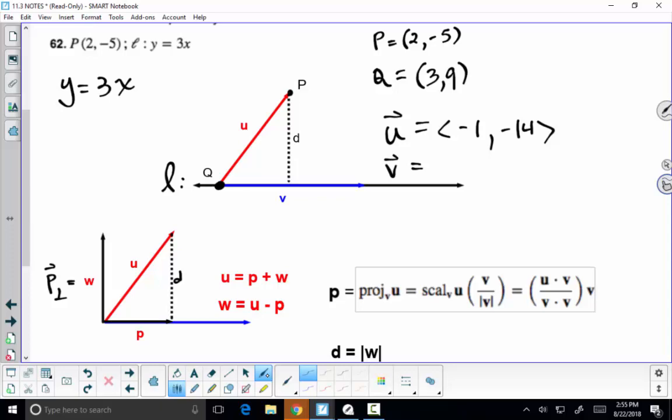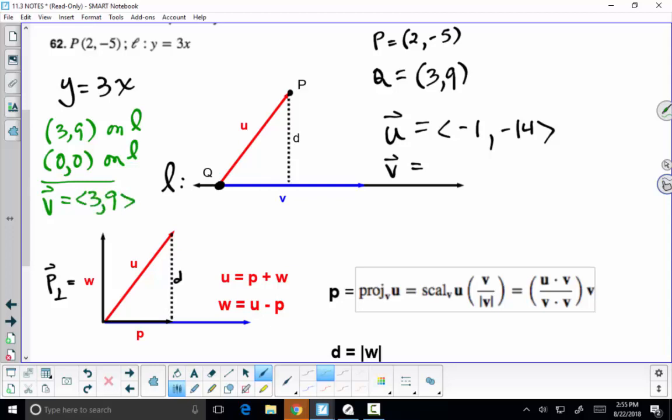Perfect. So on the line, we've got (3, 9), and we can also say (0, 0) is on the line. So if we want to form a vector that is pointing in the direction of the line, boom, right there: 3 minus 0, 9 minus 0. That points in the direction of the line.